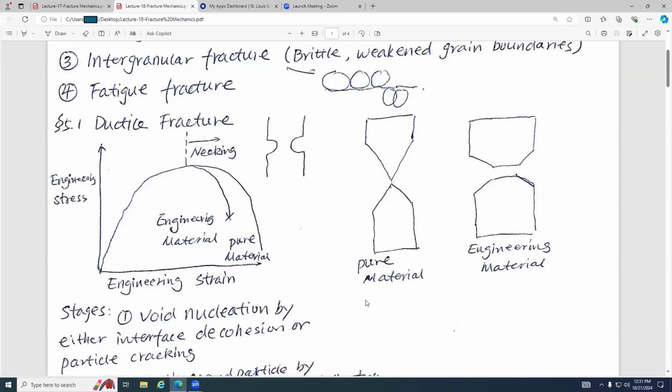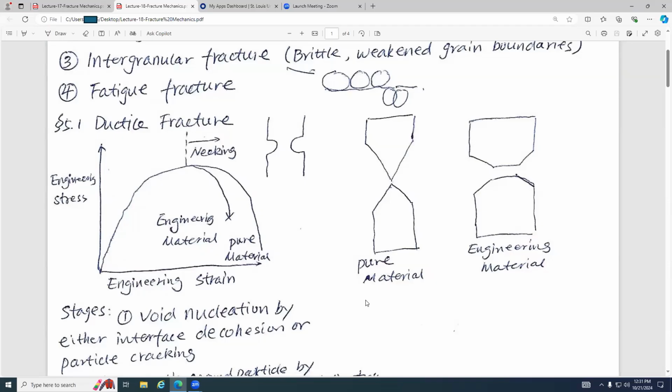So you can see for pure material, especially pure iron or pure copper, if you do this kind of tensile testing, it will be very, very beautiful. It is just like a straight line, and at some point it breaks. However, for engineering material, suppose we are using steels.